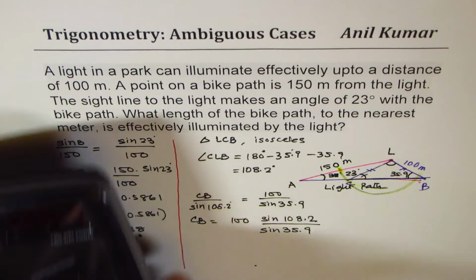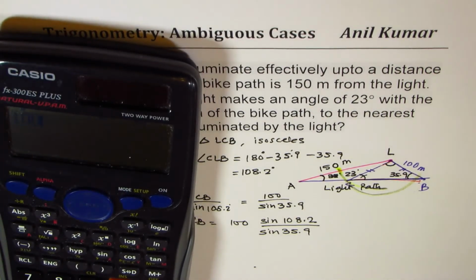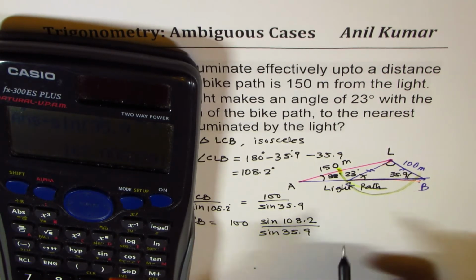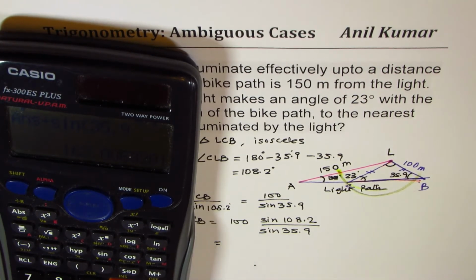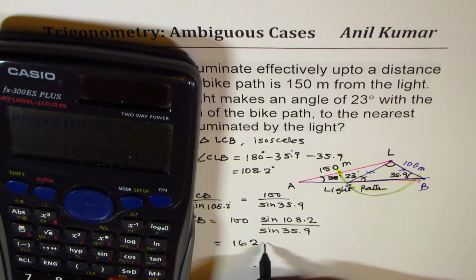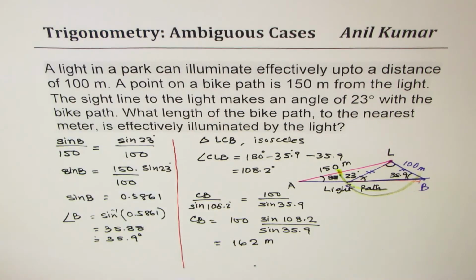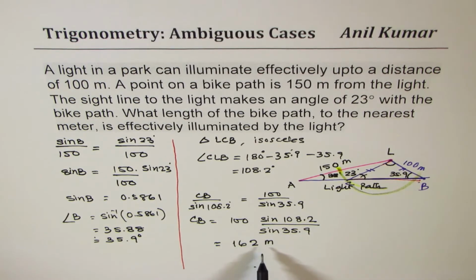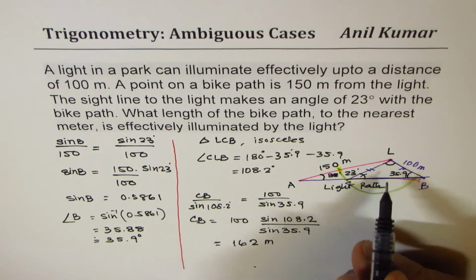Okay, let's calculate. It is 100 times sine of 108.2, and we'll divide this by sine of 35.9. So the answer here is 162, and the units are meters. So the length which is eliminated is actually 162 meters, and that is how you get it, right?